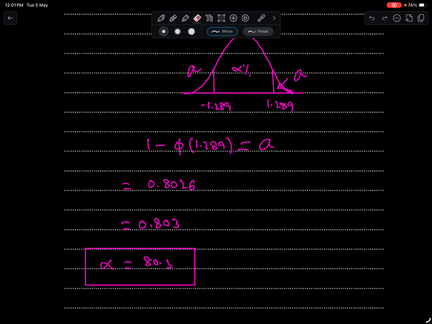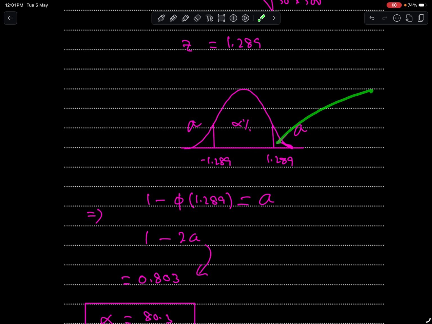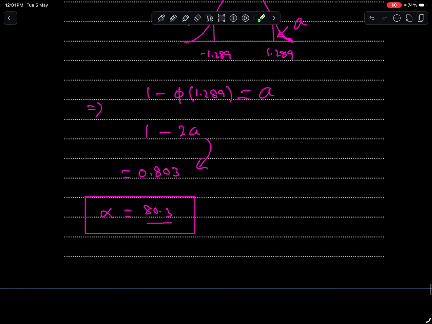Let me write this here. Therefore, 1 minus 2A is equal to this, and therefore alpha is 80.3. This is so simple. Get this area, 1 minus 2 times this, and this will give you this area. Then write alpha as 80.3.